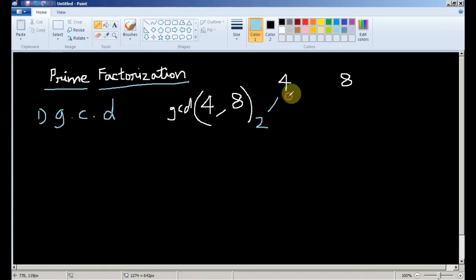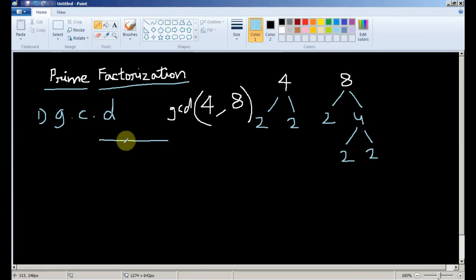So I'm going to find all the prime factors. 4 is 2 into 2, and 8 is actually 2 into 4, but 4 is not a prime number, so we can divide it more like this, 2. Now you have got all the prime factors.